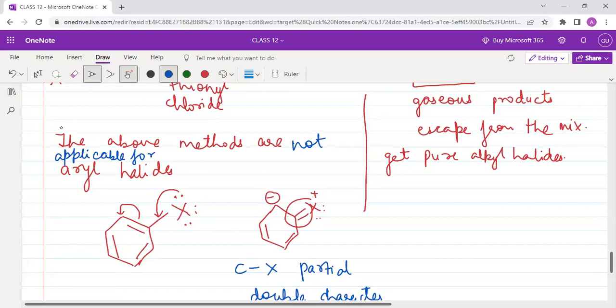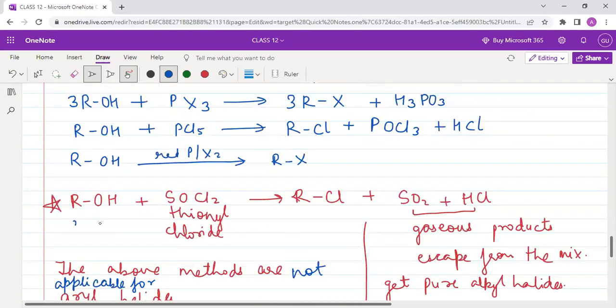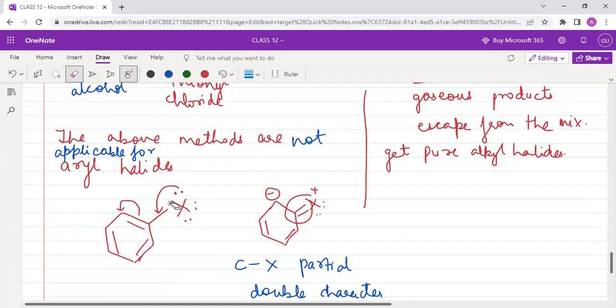See, in this we were using alcohols, ROH. So here we'll talk about phenols. By mistake I wrote X, so here will be OH because we'll prepare from phenol, right? Oxygen has two lone pairs, so the carbon-oxygen bond will have partial double bond character.